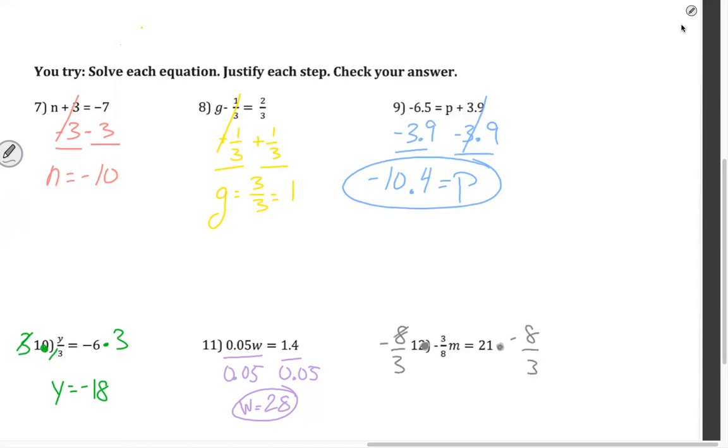Now, that cancels with that cancels with that, m. Now, this is difficult to do without a calculator, but it's easy if you listen to me. What's 21 divided by 3? 7 times -8. Perfect, -56. Awesome. Nicely done.